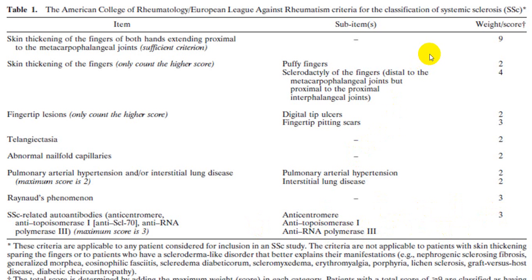These are the different points given by the American College of Rheumatology. Adding all of them, depending upon the total score, you give a probable or definite variety. If the score is more than 25, it is straightforward in favor of definite systemic sclerosis.